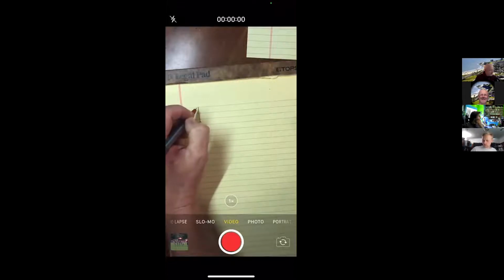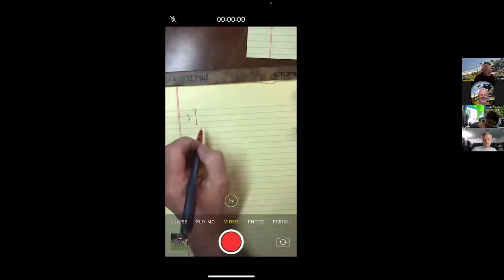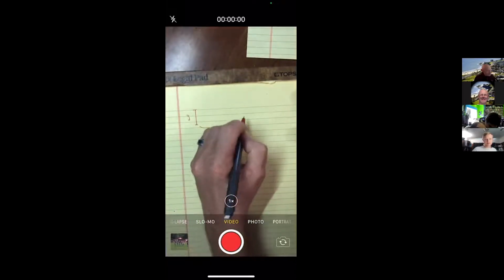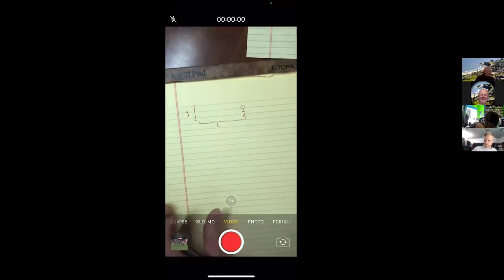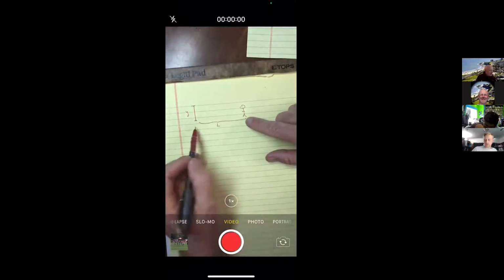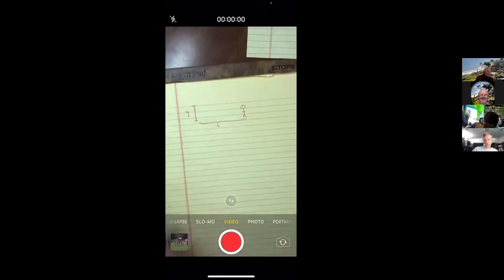So here's the vertical height of the TV, Y, and then you're going to sit or watch from a distance of capital L. So I'll use the L for this one and the Y for that one.